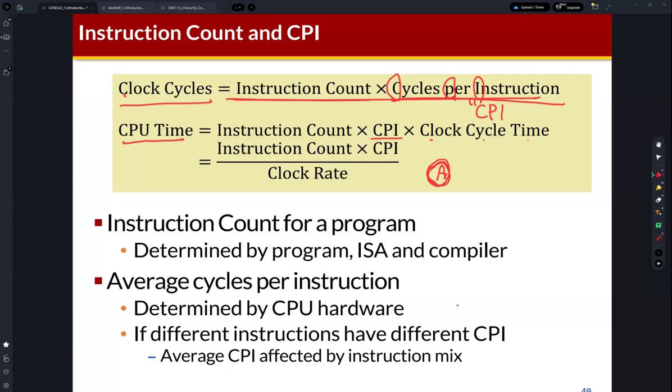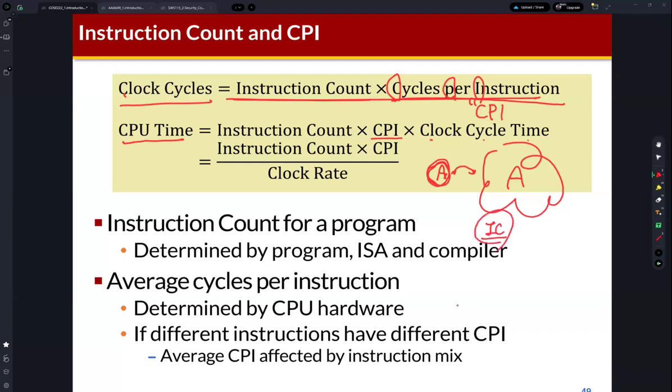As I mentioned, if an application is compiled, many instructions are generated, like add, multiply, and so on. Here we can count the number of instructions in application A after compilation. So this is the instruction count.